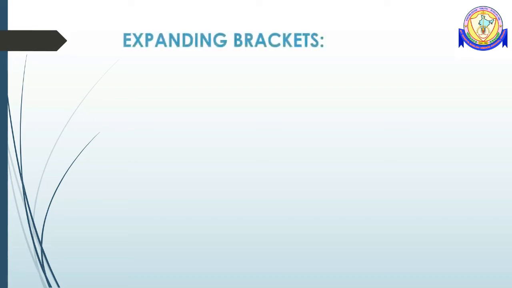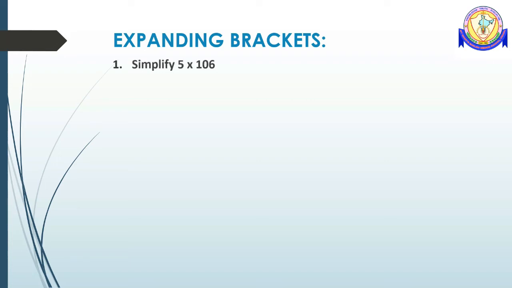One more concept, expanding brackets. Here you have to expand the brackets in such a way that you multiply the digit with each number which is inside the bracket. For better understanding, we will see the example. Here the first example is given, simplify 5 multiplied by 106. You can write 106 as 100 plus 6.